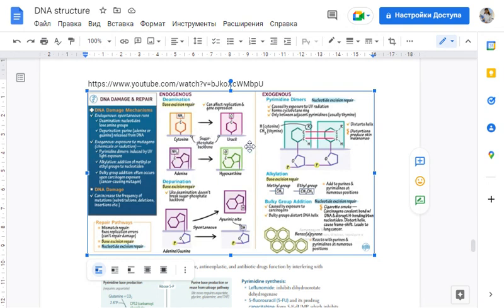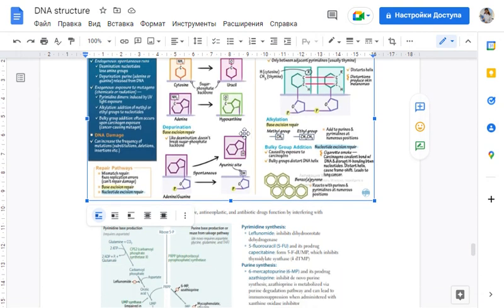Like from cytosine, we create uracil because it has a similar structure, and after that we make an excision. After we convert it to uracil, we excise the uracil, and our backbone stays in its place. Then we repair it by DNA polymerase afterwards. We also do this with adenine.